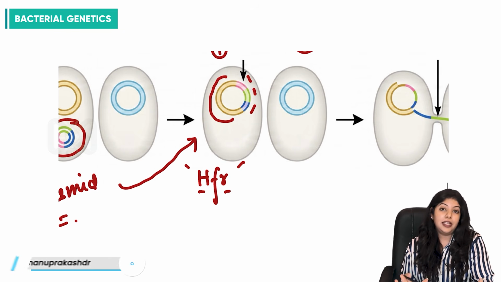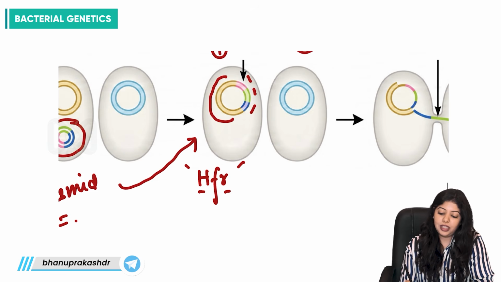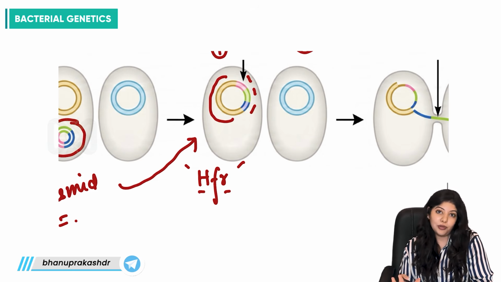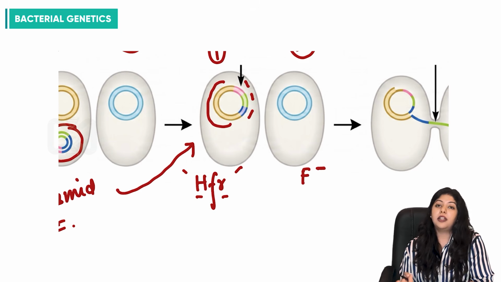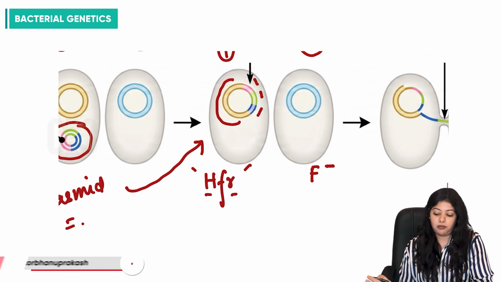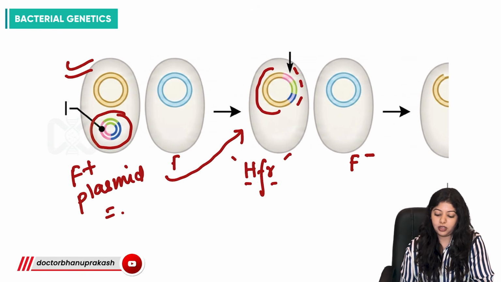So now these are highly fashionable residents. They have the F plasmid integrated into the chromosome. They feel they're superior, right? And this is bacteria number 2. Say this is F negative. It doesn't have any plasmid, right? So this is F negative.